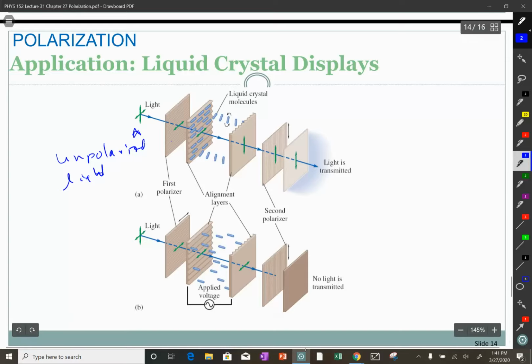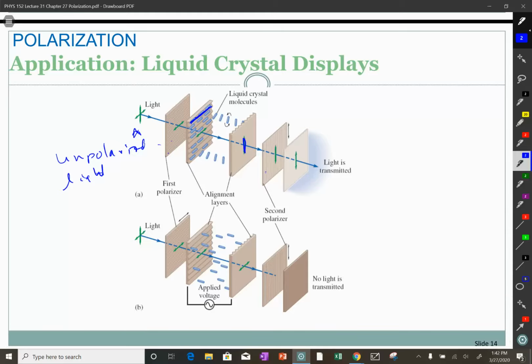Depending on the voltage you put across that liquid crystal, it will rotate the polarization. So you had light that was initially horizontally oriented, and after going through that liquid crystal, if you have the right voltage, it will be vertically polarized. And then you have a second polarizer that is perpendicular to the first. So if you have that correct voltage, that light gets through, and hey, you see something.